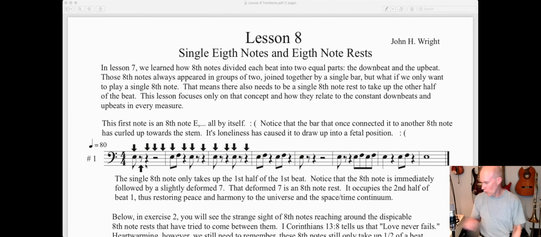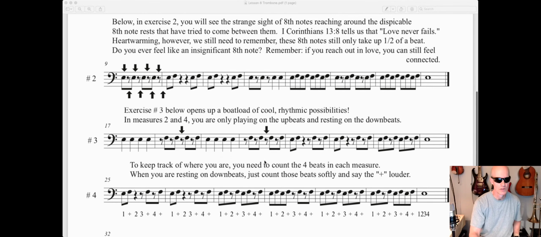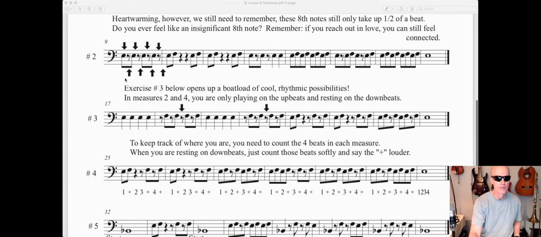Lesson 8, exercise number 1. 1, 2, 1, 2, ready, go. Exercise number 2. 1, 2, ready, go.